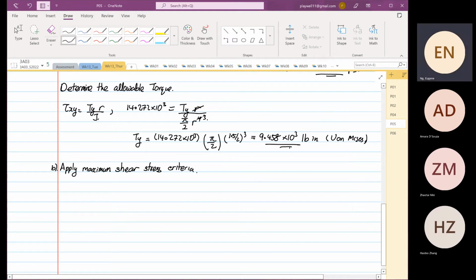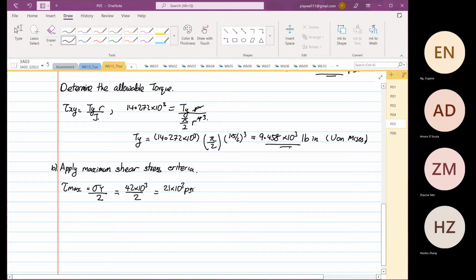So the maximum shear stress criterion is tau max equal to stress U divided by 2. Stress U is 42 times 10 to the power 3, divided by 2, is equal to 21 times 10 to the power 3 psi.